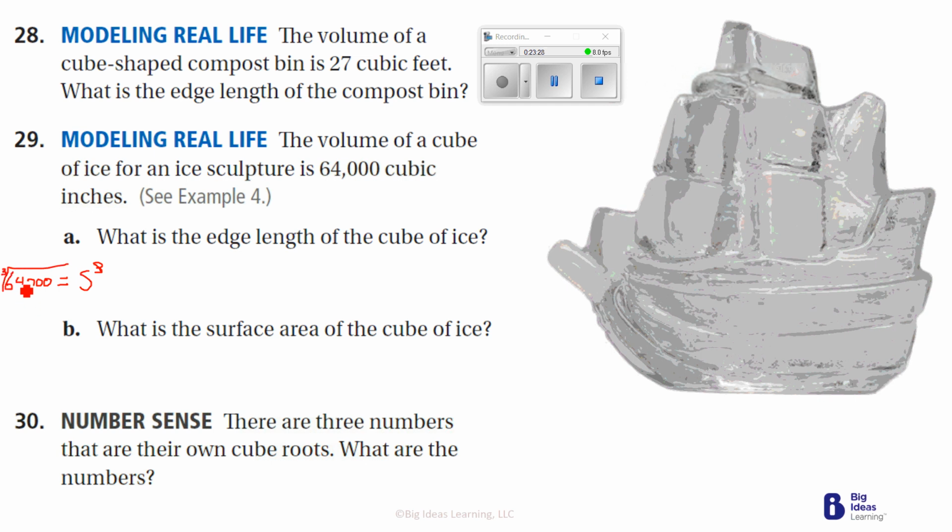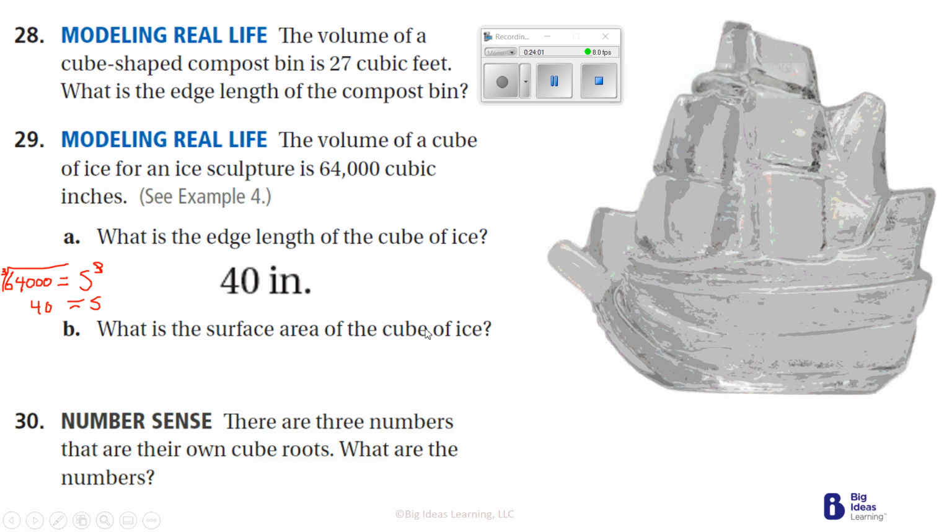And I think it's going to be fine because we know that 4 times 4 is 16, and 16 times 4 is 64. So we can say then that s has to be, I'm going to go with 40, because then we have 40 times 40 will be 1,600. 1,600 times 40 will be 64,000. Let's see if I got that correct. Very good. 40 inches.